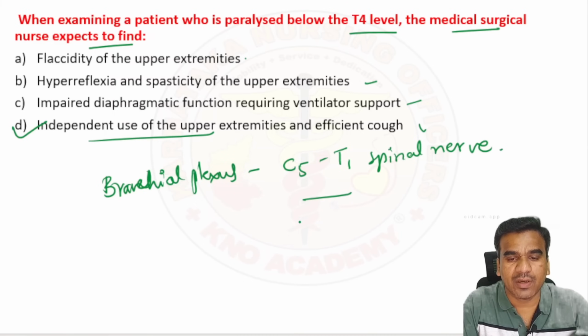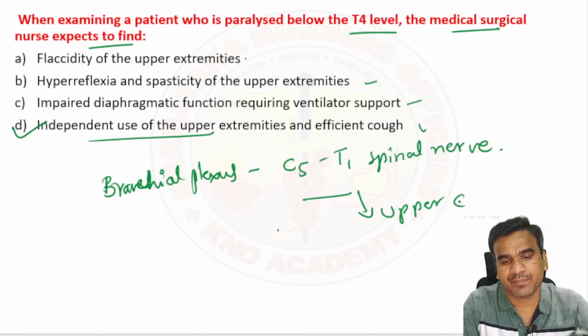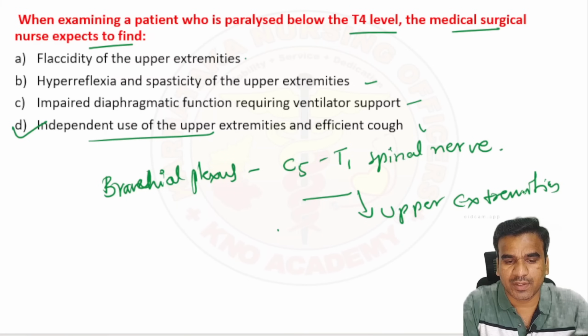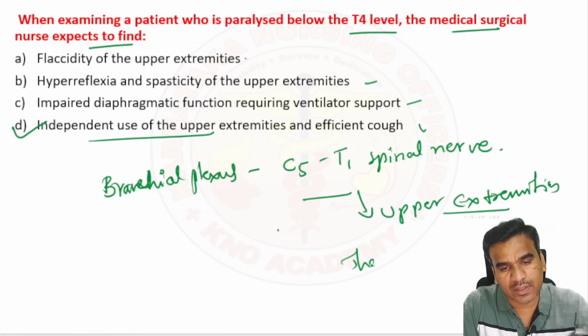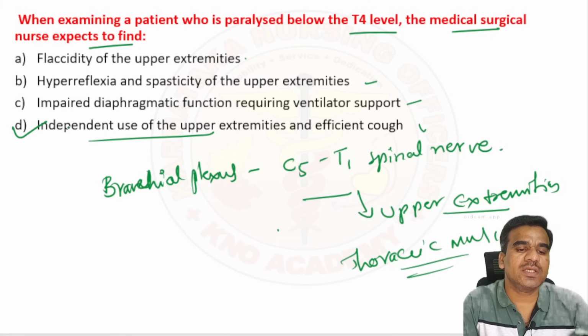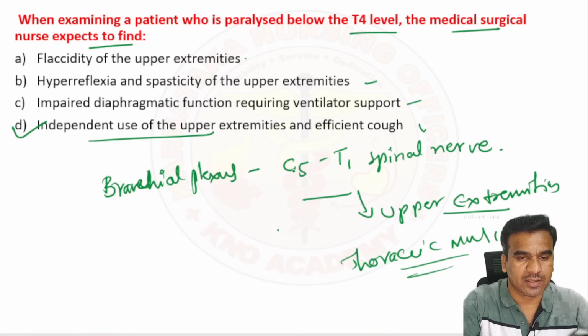Below T1 will not affect the upper extremities, and the patient can also use the thoracic muscles. So the right answer is independent use of upper extremities and effective cough.